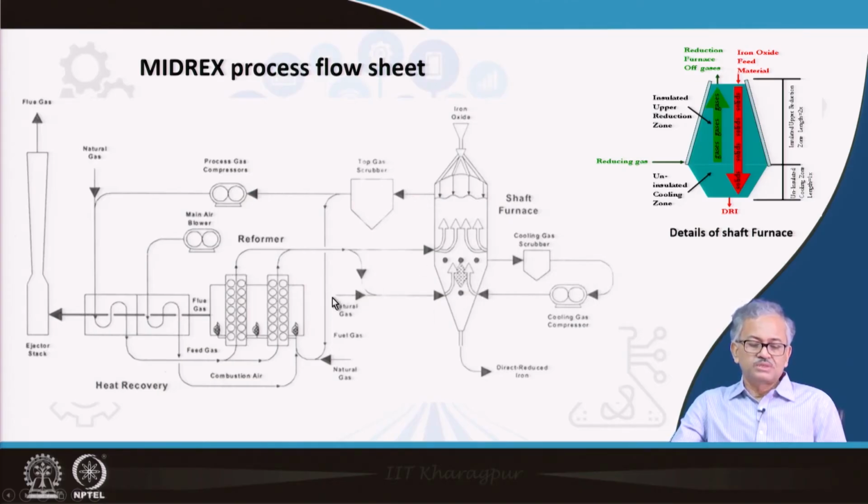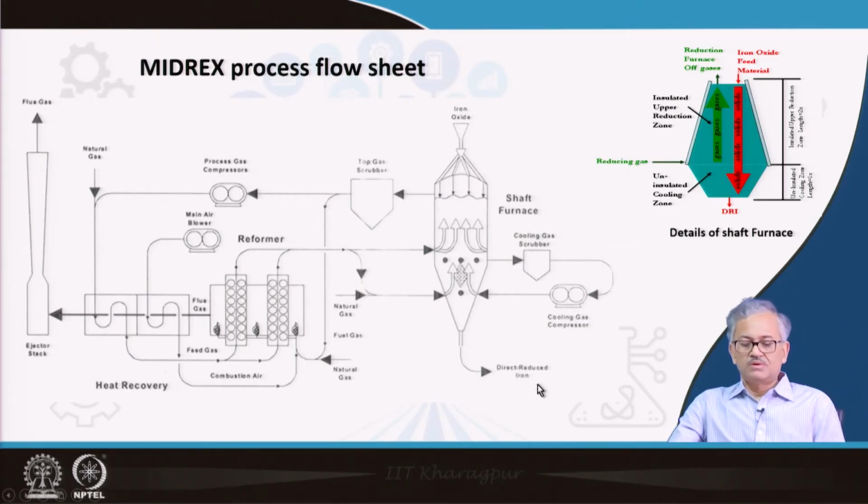In the lower part, you supply the natural gas along with some of the reformer gas. So here it is used to cool the DRI as well as carbonize the DRI by cracking of the hydrocarbon. So this is the carbonization portion.